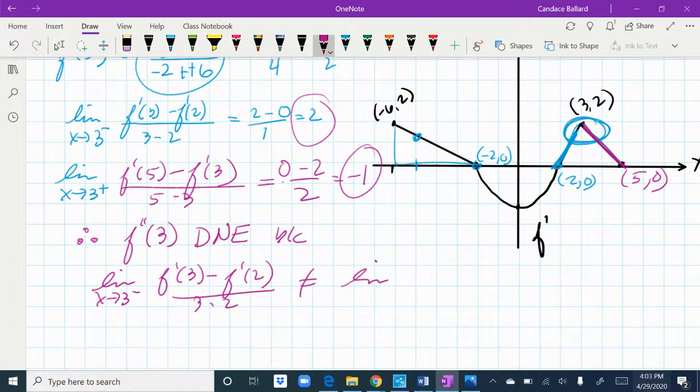You might be able to just write that the right and the left-hand limits do not equal each other. That might be acceptable. You could try it.